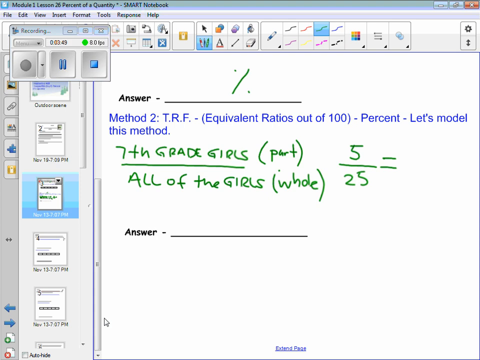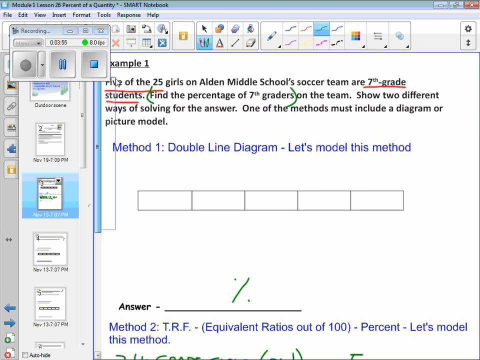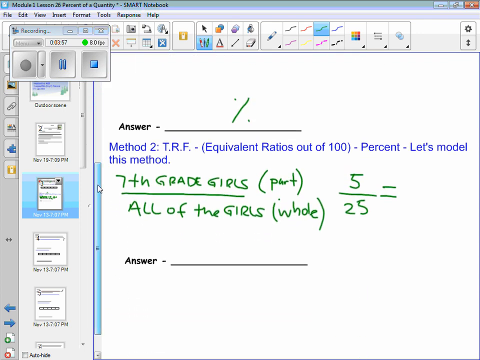Equals... there's nothing left here, but they are asking for a percent. So we now know that our second ratio is something over 100. Because they're asking for percent, which makes sense because what really percent is part of the whole. They're asking for part. Part is percent.